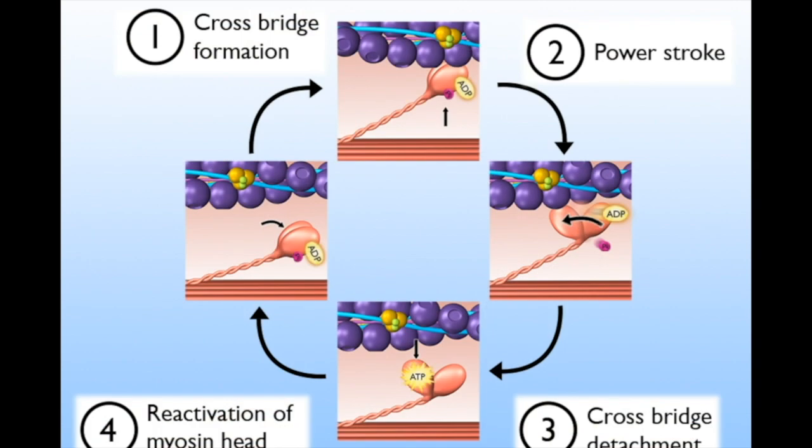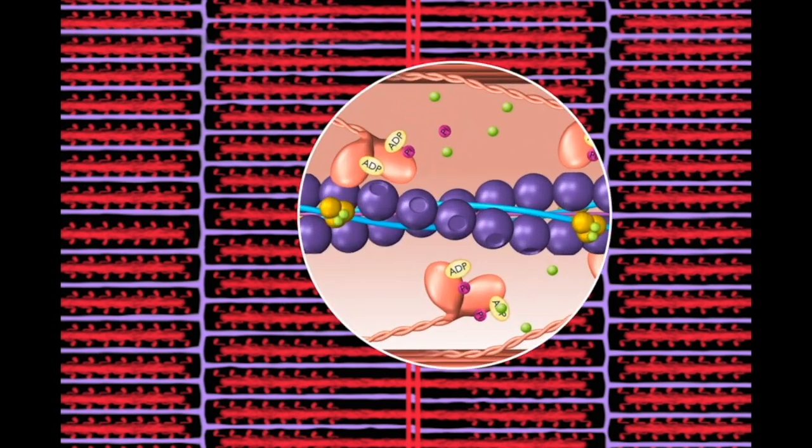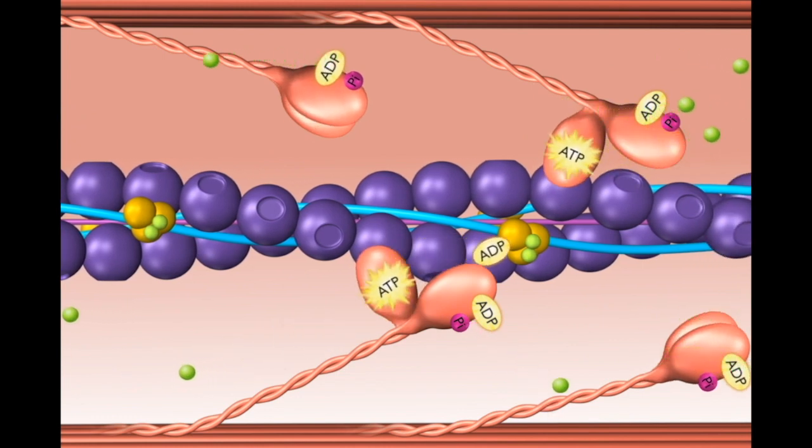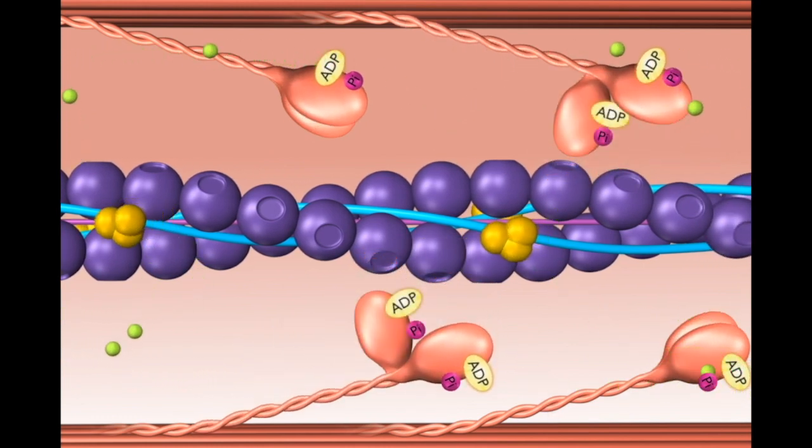The 4 steps of the cross-bridge cycle are the formation of cross-bridges, the power stroke, cross-bridge detachment, and myosin head reactivation. Cross-bridge cycling continues as long as the myosin binding sites on actin are exposed and ATP is available. Muscle relaxation occurs when the calcium ion concentration drops below its threshold value for binding to troponin.